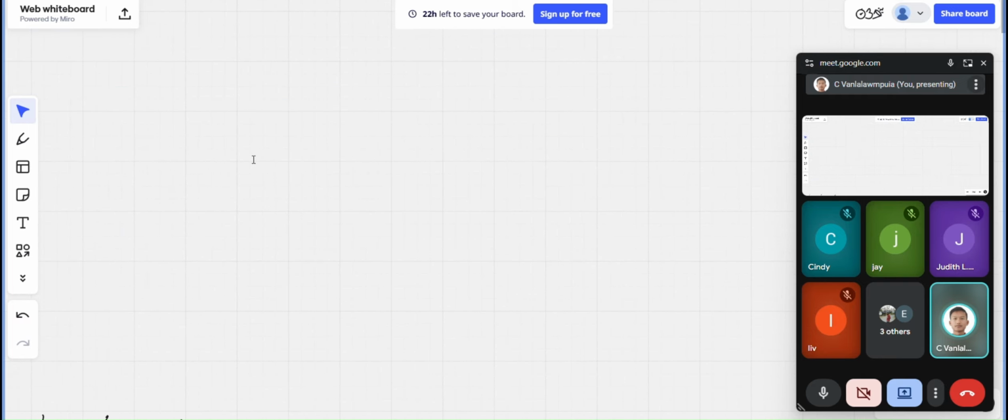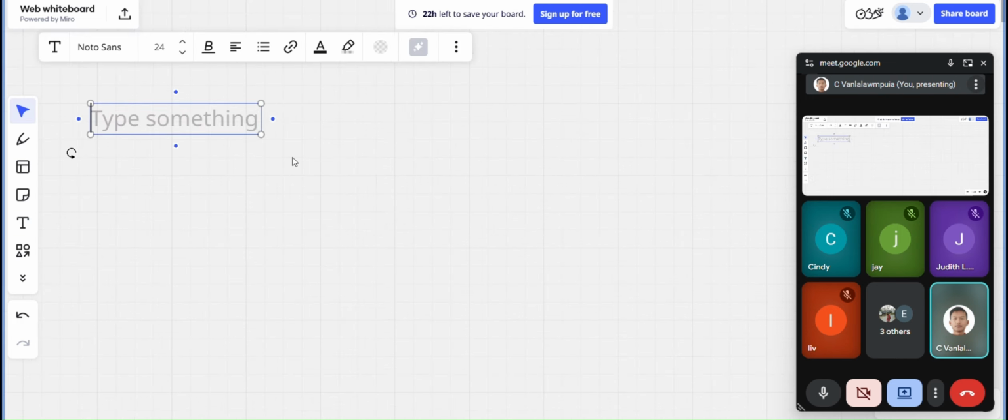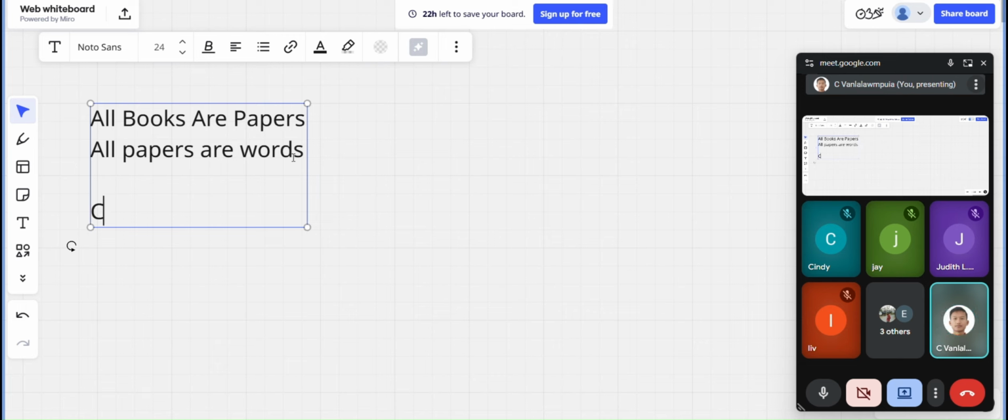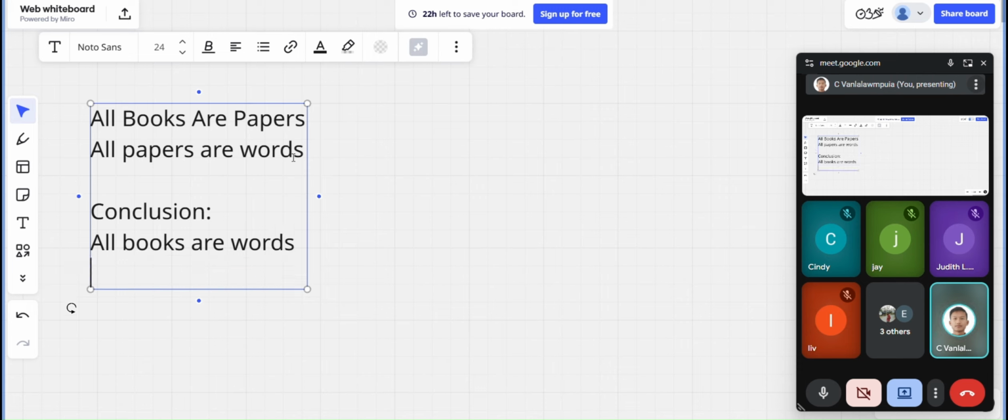And next, let's do one more syllogism. The statement is: all books are papers, and all papers are words. This is the statement, and the conclusion is: all books are words.